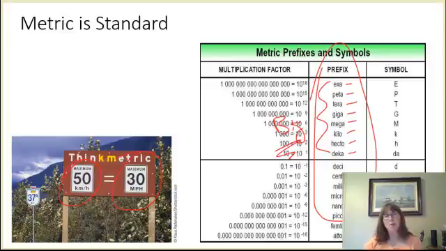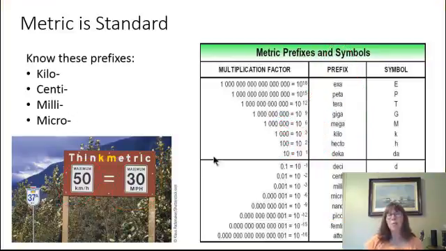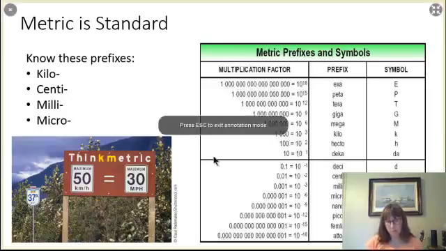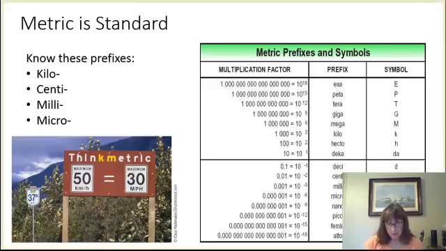Some of them sound familiar, some of them probably don't. The ones that I picked for you to know this semester for sure on a test or something like that without the aid of a table or your textbook are here. There's only 4 of them, and they are kilo. Of the 4, only one of them is bigger than what we call the base unit.